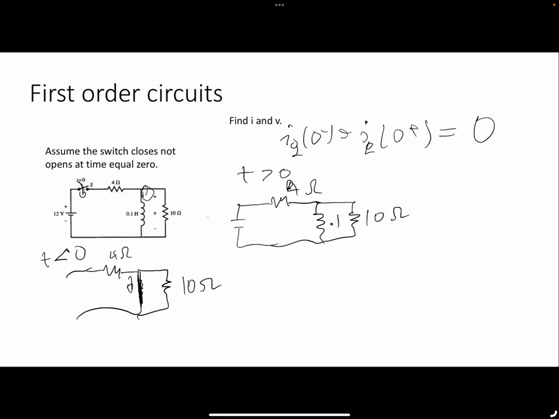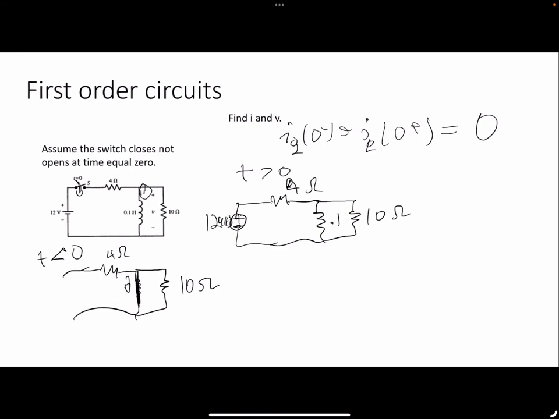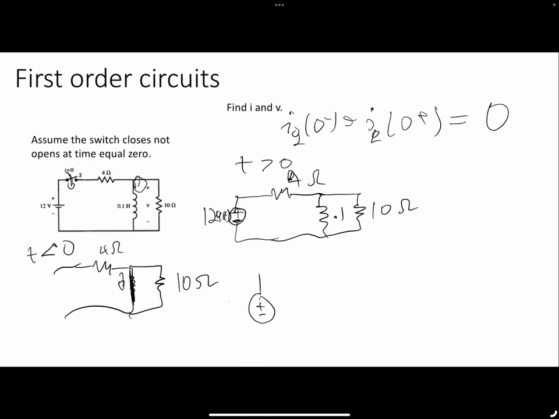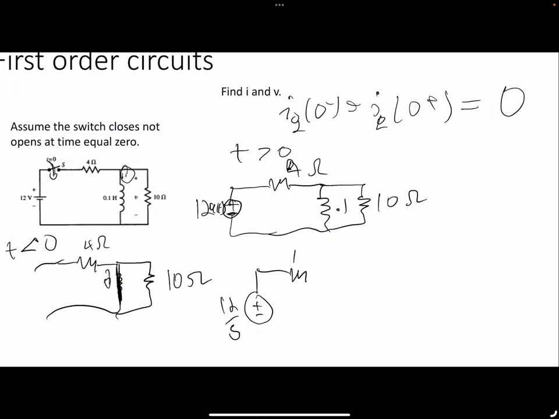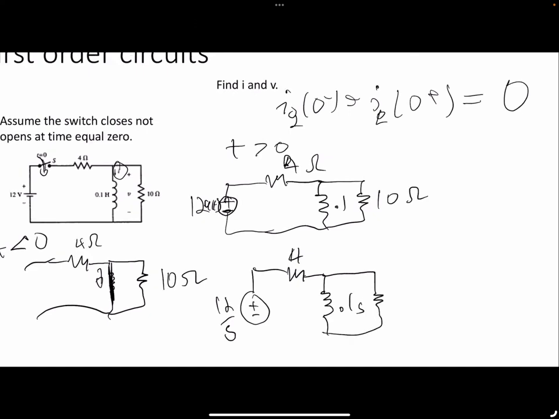So we can convert this into the Laplace domain. So this is actually 12u(t), so we're going to have plus minus 12 over s. And then here we have 4, and then 0.1 s, and then 10.